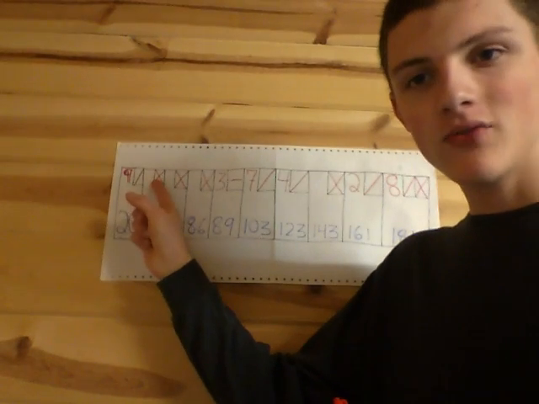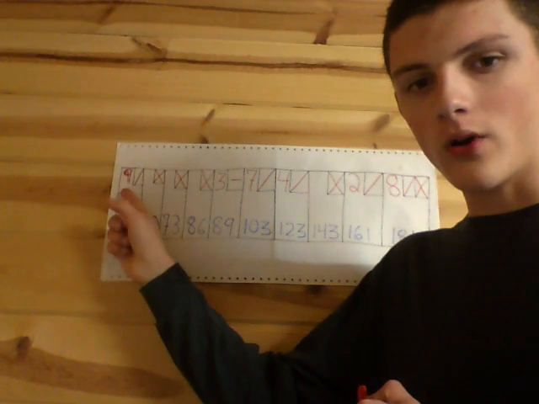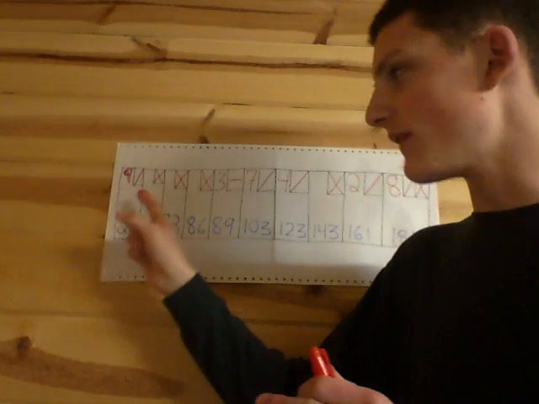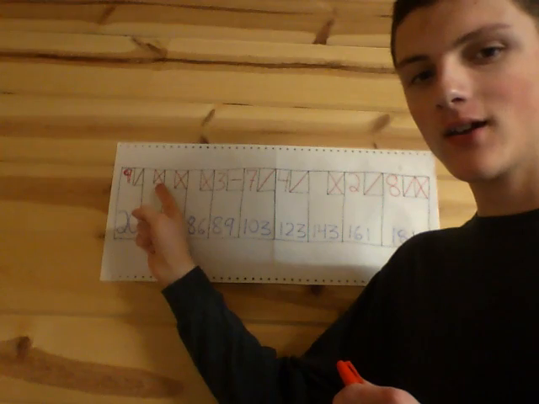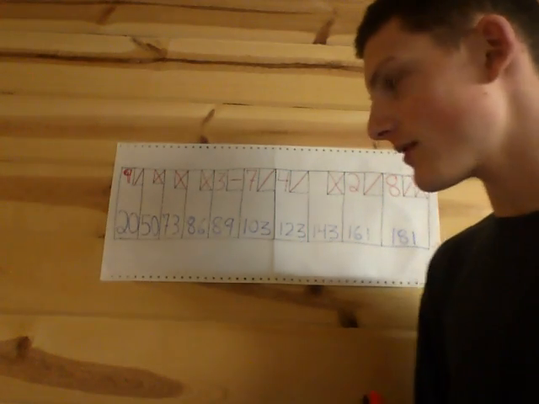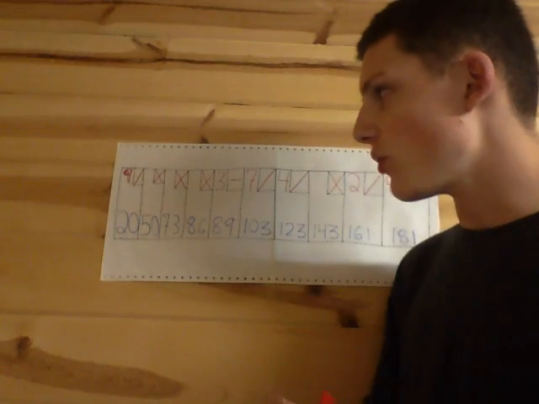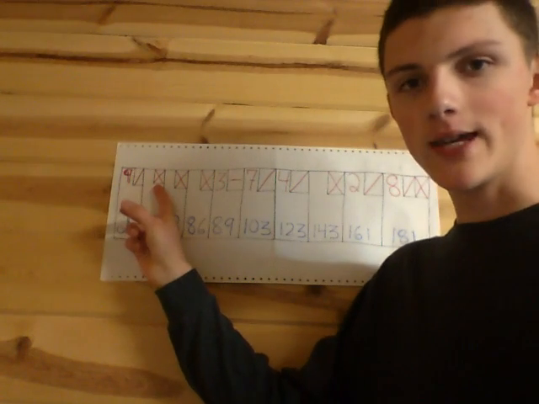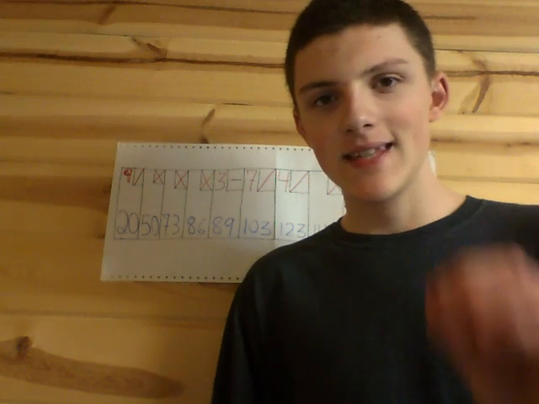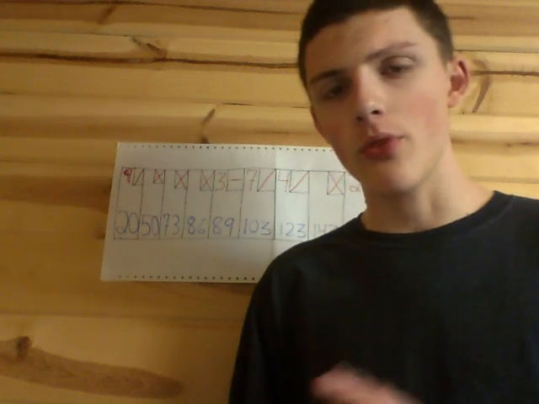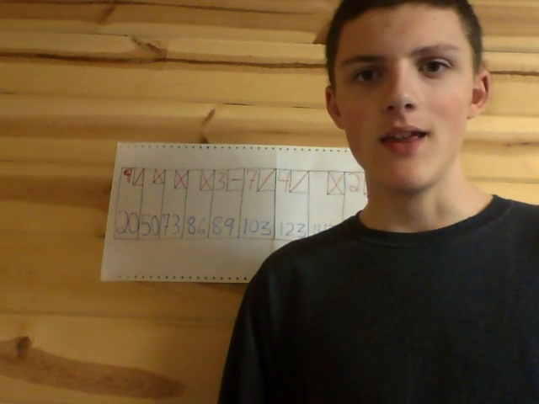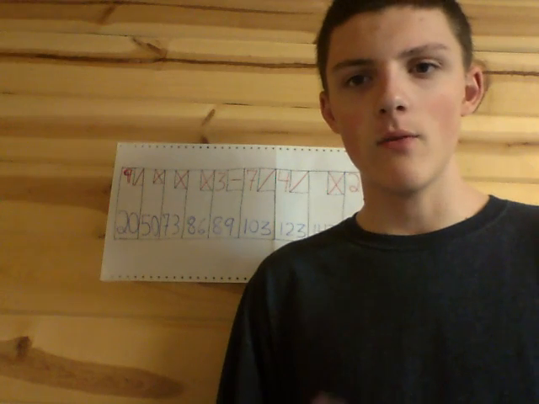You already counted this strike for the first frame, but you still have to count this strike for this frame's score. So in the second frame, I bowl a strike. A strike is 10 plus the next 2 shots. If you throw 3 strikes in a row, that gives you a frame score of 30.